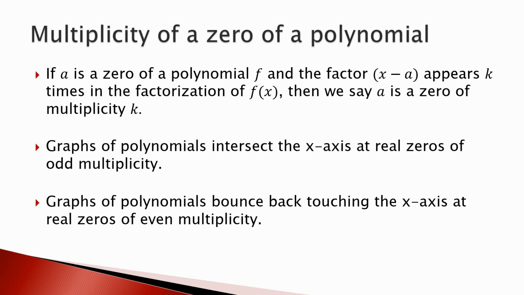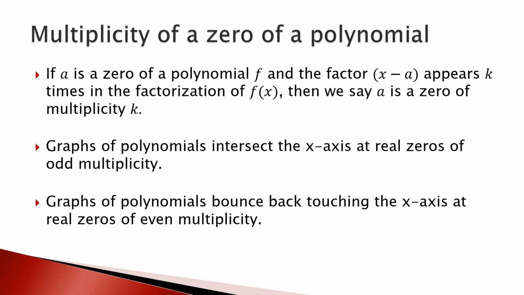Okay, so multiplicity of a zero of a polynomial. If a is a zero of polynomial f and the factor x minus a appears k times in the factorization of f of x, then we say a is a zero of multiplicity k.